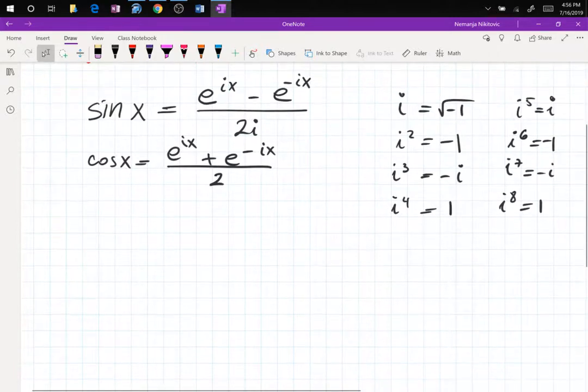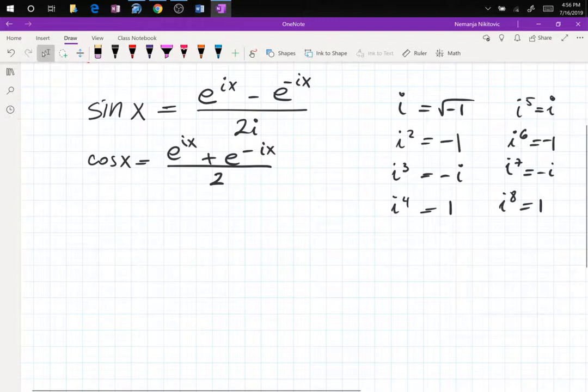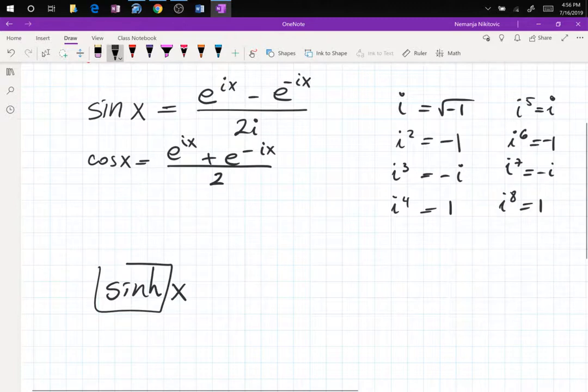So now we get to the first two definitions of the day, where we say that sine hyperbolic x, so now this SINH is one unit, and then followed by the argument. So SINH is one word standing for sine hyperbolic, and then x is the argument of it, which is separate.